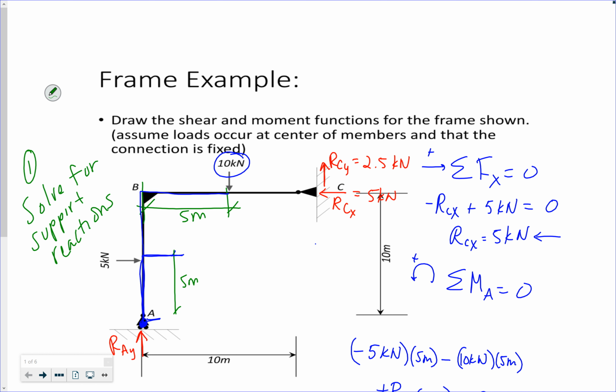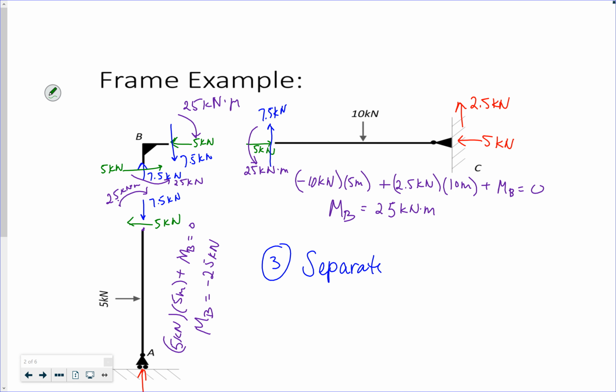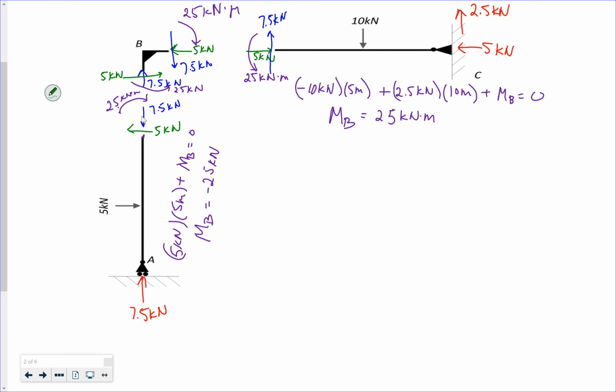Step 2, separate your frame into individual members. And here's a chance for you to check that your beam and your column are all in equilibrium and the joint is all in equilibrium, right?